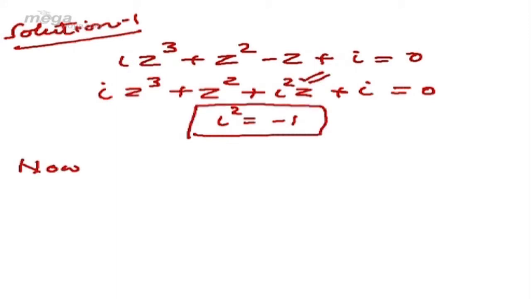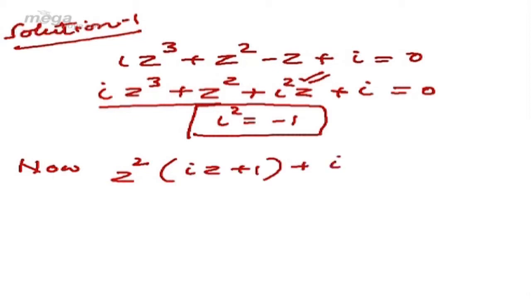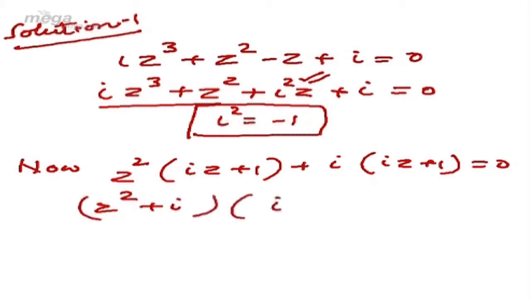Now let us factorize this equation. You take z square common from the first two terms. You will get iz plus 1, plus i common from the second two, that is iz plus 1, is equal to 0. So (z square plus i) into (iz plus 1) is equal to 0.